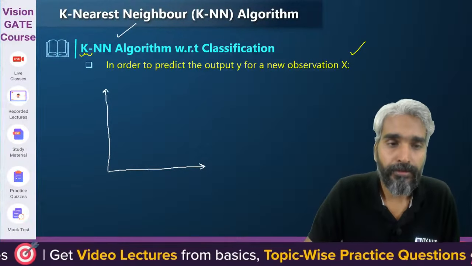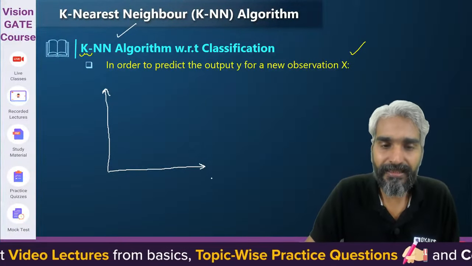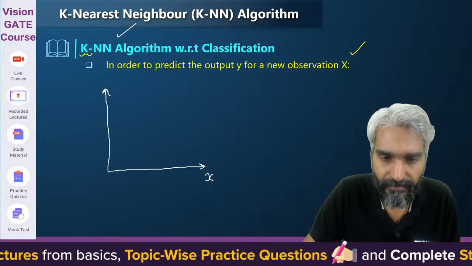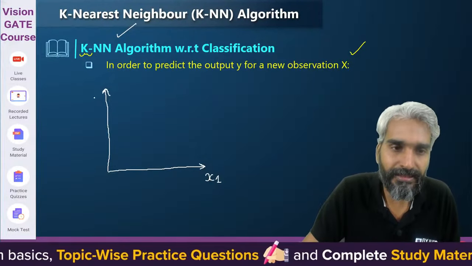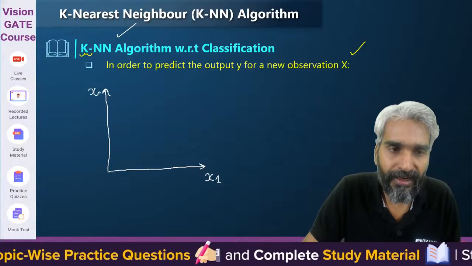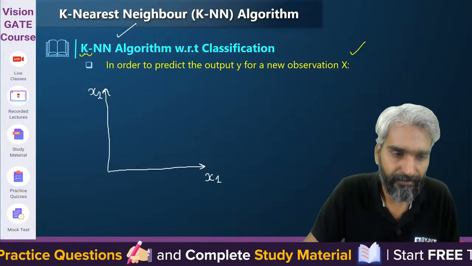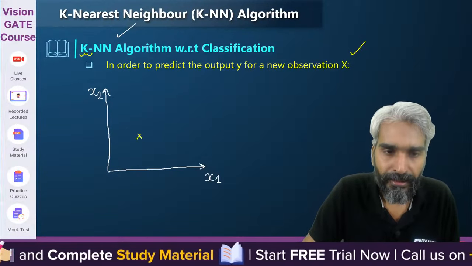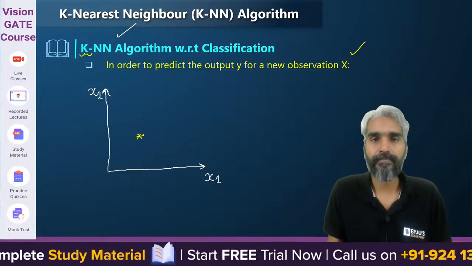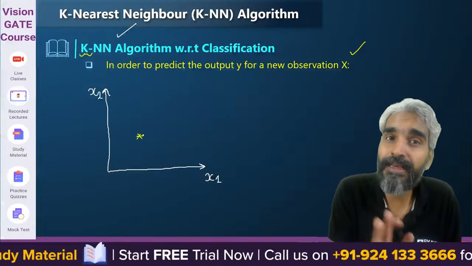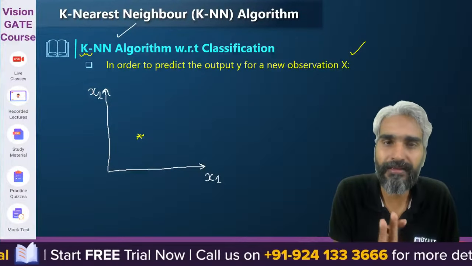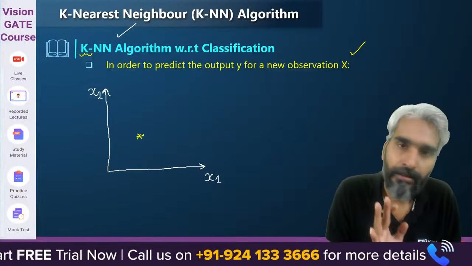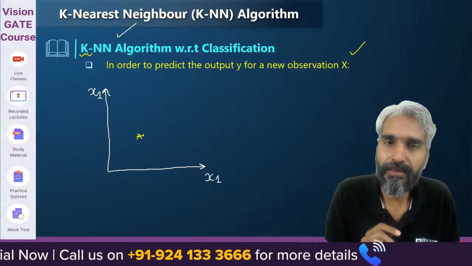So if I say this is your X1, and this is your X2, and if I define a point here, then what does it mean? What is actually happening in this particular case?